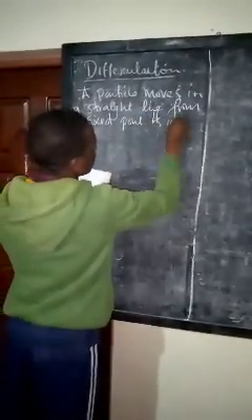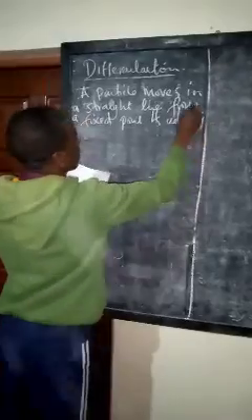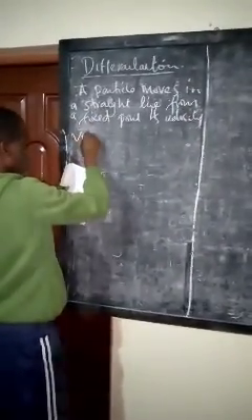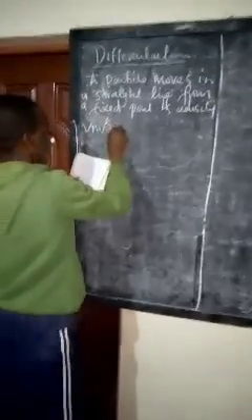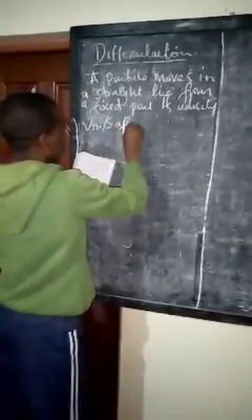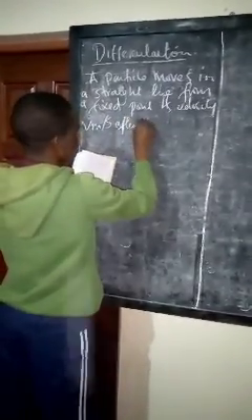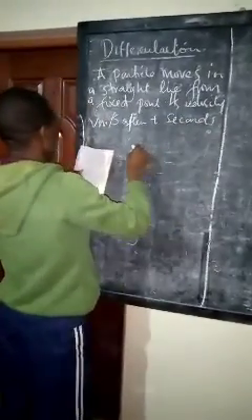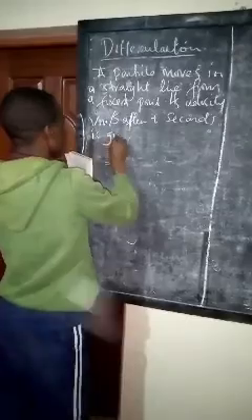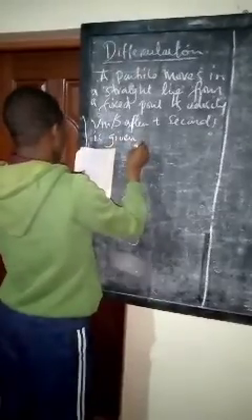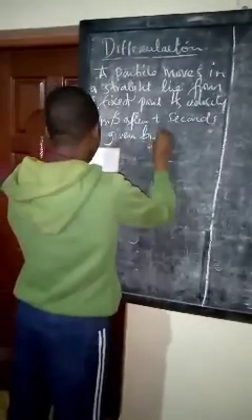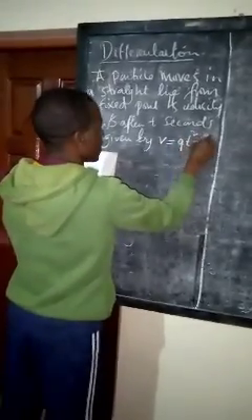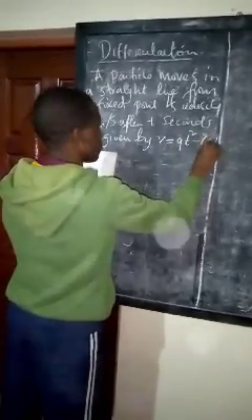Its velocity, v m per second after t seconds, is given by v equals 9t squared minus 6t plus 2.